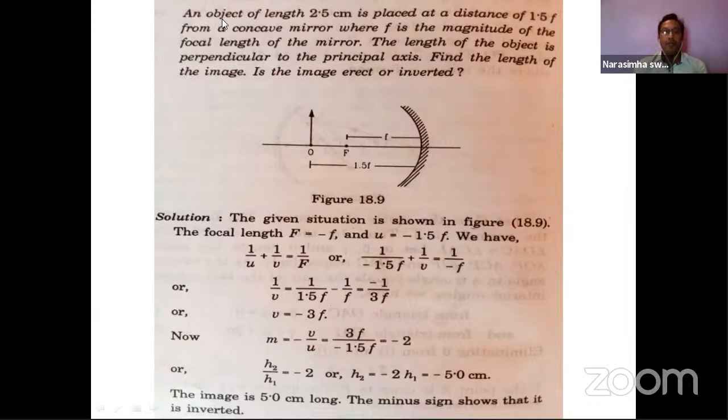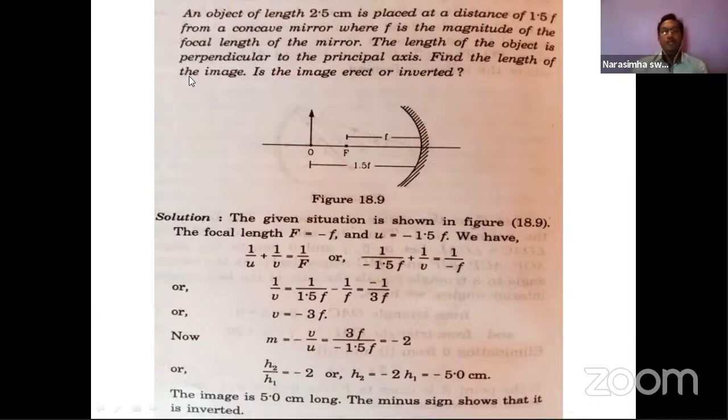I'm repeating, an object of length 2.5 centimeters is placed at a distance of 1.5 f from the concave mirror, where f is the magnitude of the focal length of the mirror. So f is given, magnitude means quantity of the focal length of the given mirror. So the focal length is f for this.